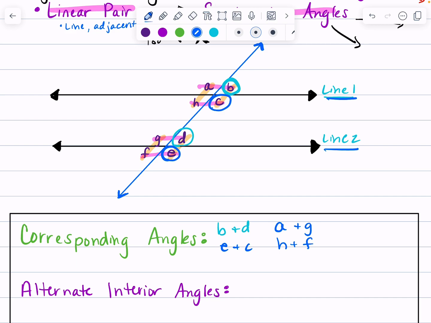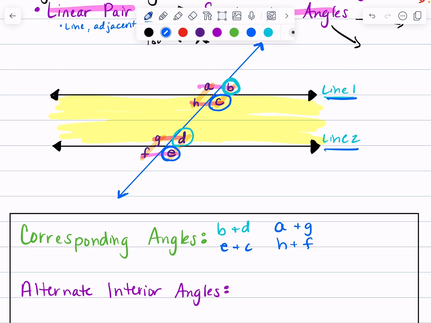Alternate interior angles really comes back to the idea of the inside. If I highlight, think about this being like a parking spot. There are only 4 letters located in the parking spot, 2 on one side and 2 on the other. When I think about which angles would be congruent, they must also be on alternate sides of the transversal.